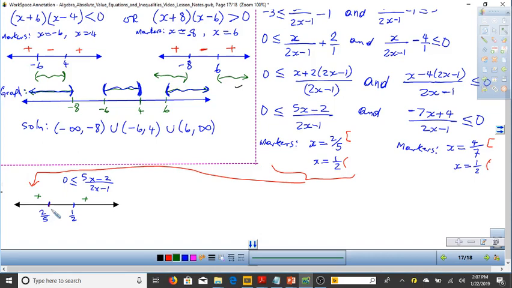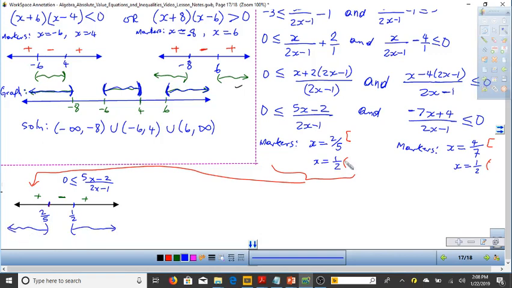Then you try it: 5 times 0.45, or 5 times 9 over 20, minus 2, that's a positive 1/4, and 2 times 0.45 minus 1 gives us a negative number. So positive divided by negative is a negative. And this one's only the positive region, so we would shade the region to the right and the region to the left.